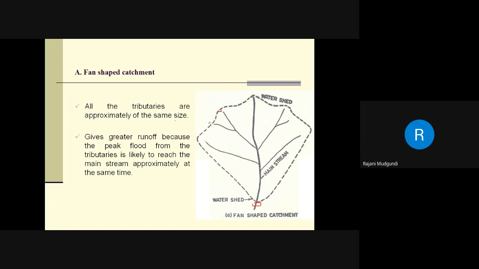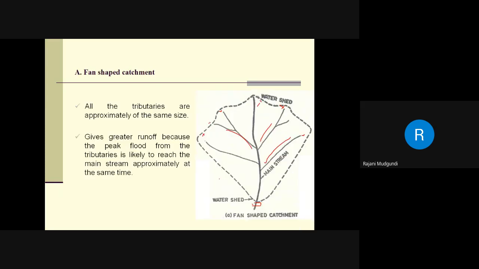All the tributaries are of the same size, meaning they are at equal distance, so it gives greater runoff. The reason is the peak flood from the tributaries is likely to reach the mainstream at approximately the same time. Those are joining the mainstream at the same time, so the peak flood will be more.